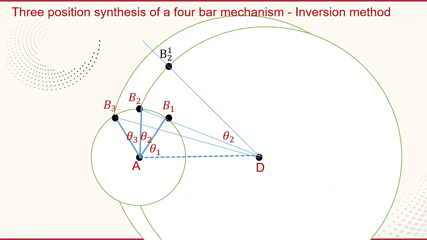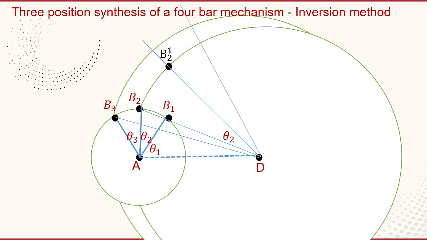Similarly, B3 is moving on the outer circle. From AB2 to AB3, it covers the angle theta 3. So from DB2 prime, take the angle theta 3 and draw another line.